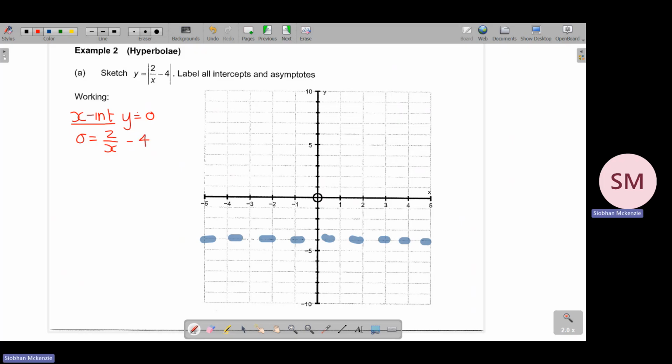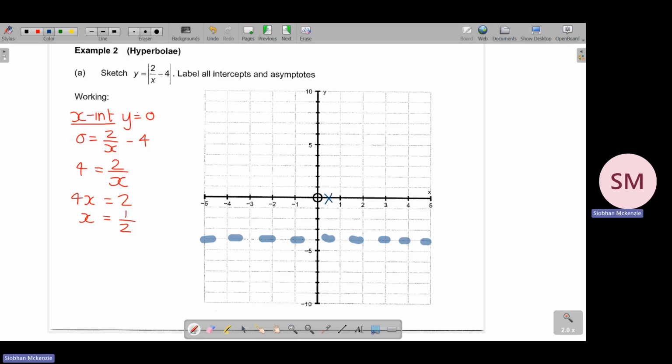When I take the 4 over, it becomes a positive 4, and it's 2 over x. You either multiply both sides by x and then divide by 4, or you can swap the fractions around. I'm going to do the multiply by x one. It's faster for me. When you divide 2 by 4, you get a half. Do you agree with how I worked out my x? So I know this graph is going to cut my x-axis at a half, which is halfway between 0 and 1.